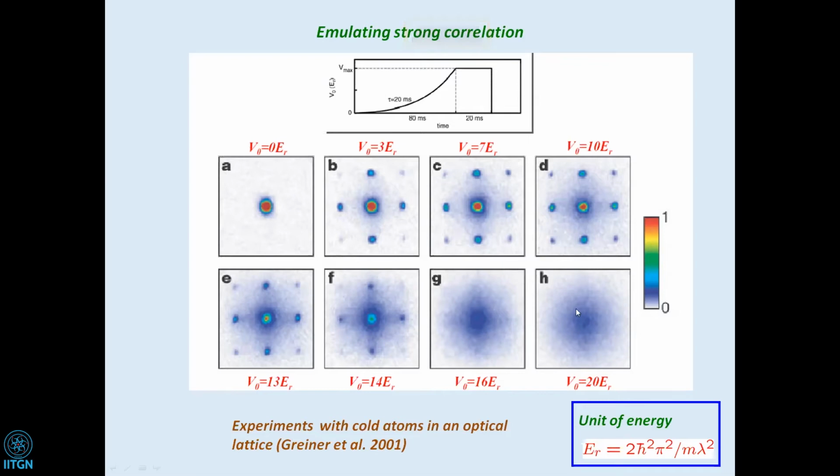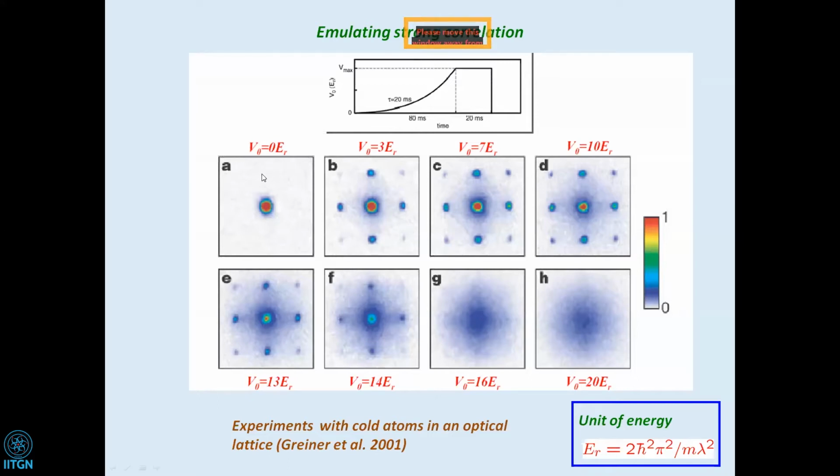For large V naught, you see that the atoms are completely delocalized on the screen, which means they are completely delocalized in momentum space. The momentum distribution is completely diffuse, which means that it's very well localized in real space within the trap.